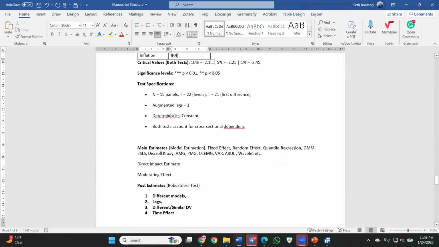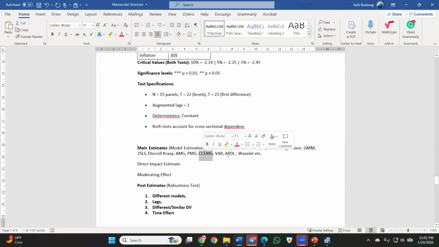So based on our results, you have to go for an advanced model, a model like GMM, AMG, PMG, CCEMG, and maybe cross-sectional ARDL.